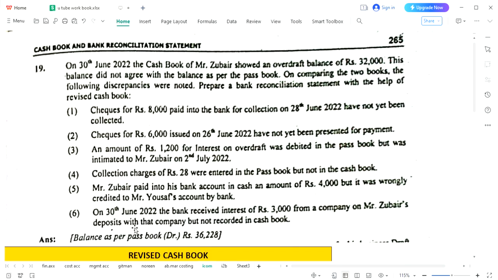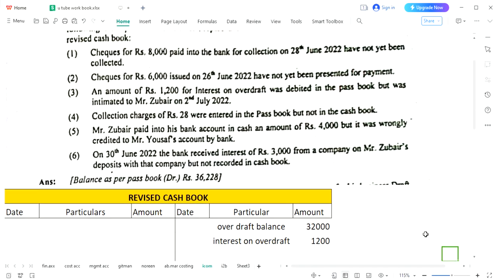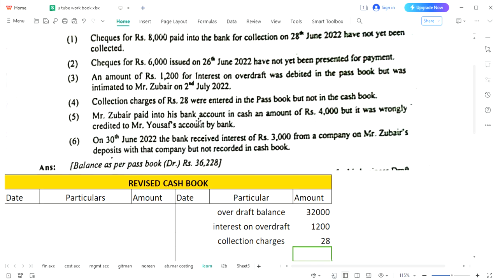So this collection charges would be written in cash book. As we have decided collection charges, we will credit our bank. So here collection charges would be placed, and how much amount is collection charges? 28. Just put 28 over here.